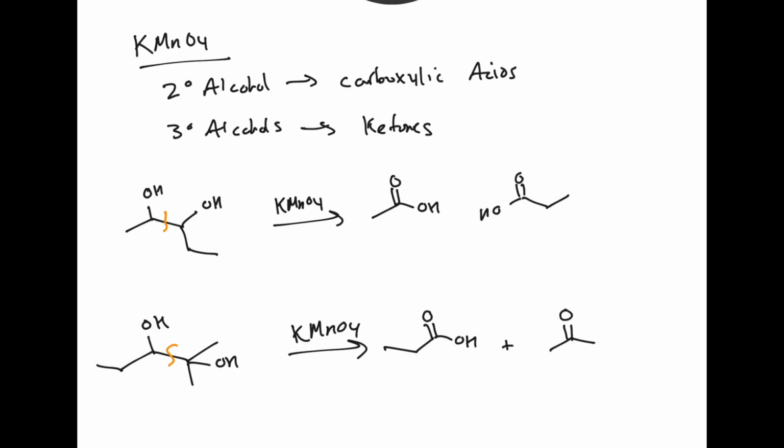Okay, so you're always going to break the molecule into two, or you're always going to break that carbon-carbon bond. You have the same kind of limitation that you want to have cis diols to do the cleavage reaction.